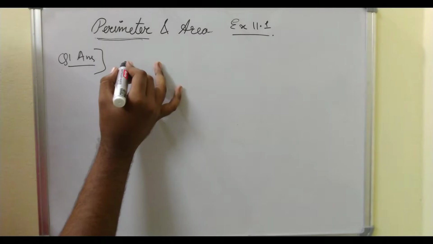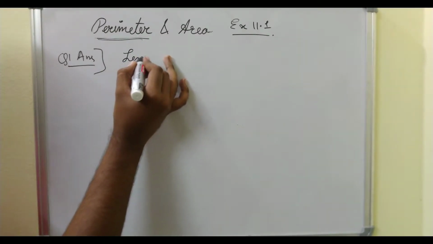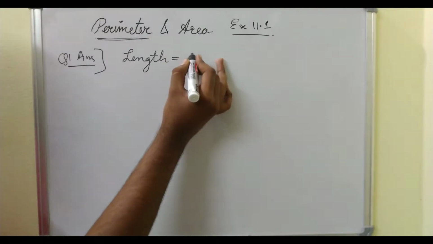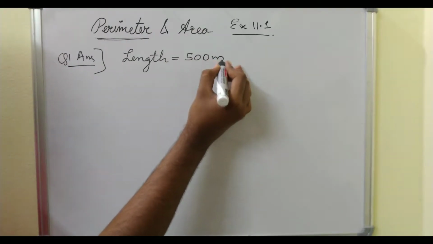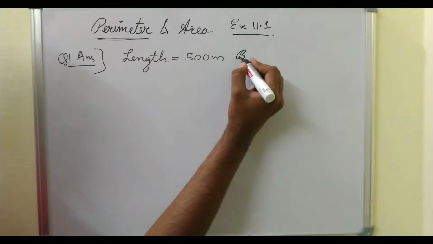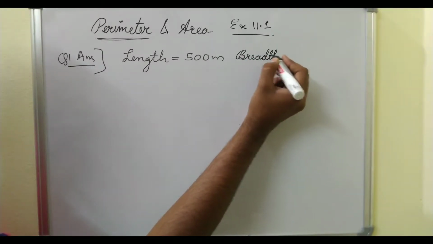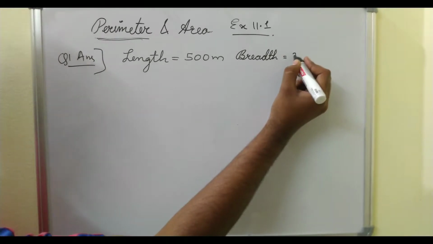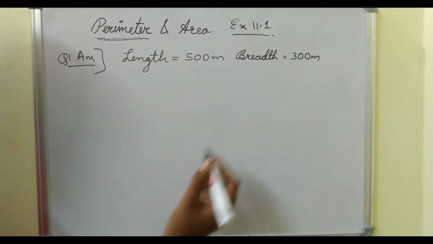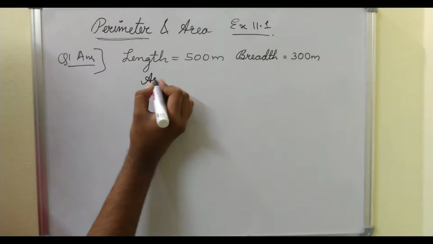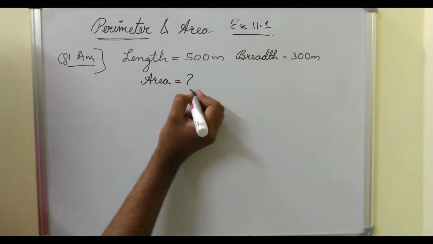So length of the rectangle is given as 500 meter. Breadth is given as 300 meter, right? And we have to find the area.